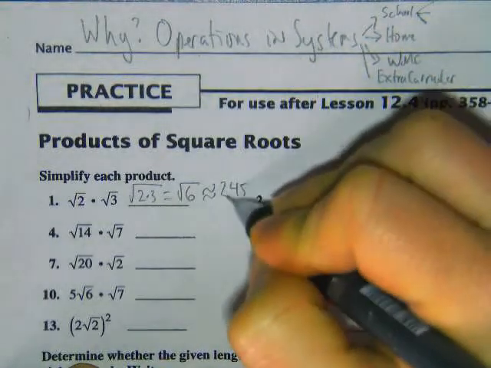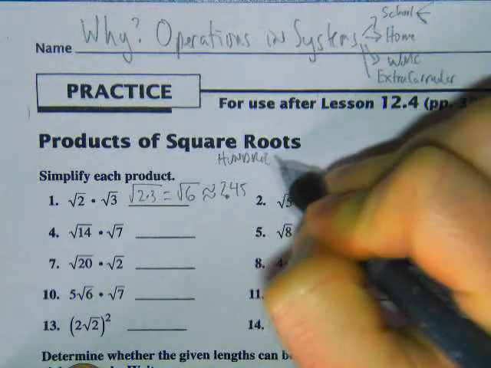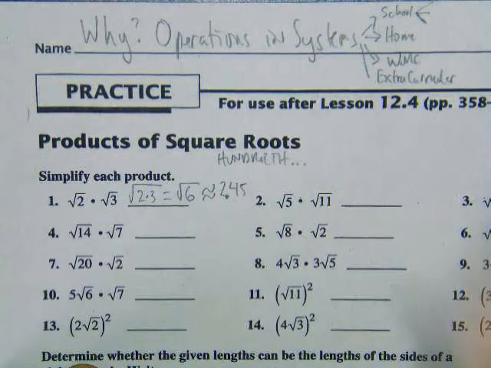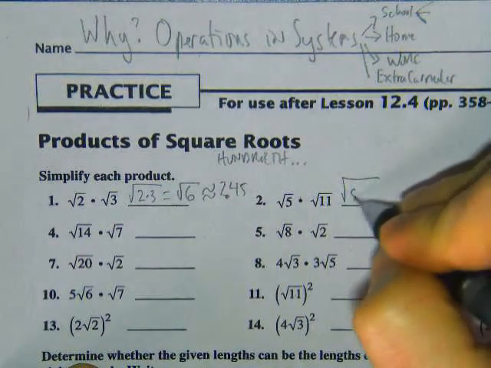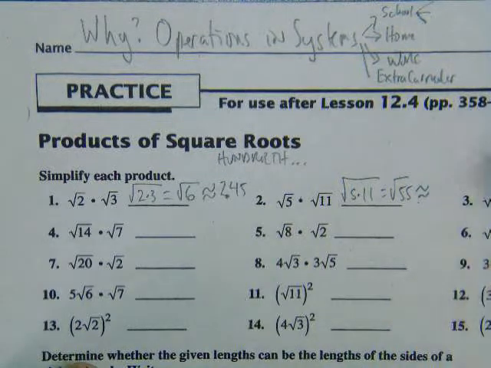And let's round to the 100th for all of these. Okay, same thing here. The root of 5 times 11 is root of 55, which is approximately 7.42.